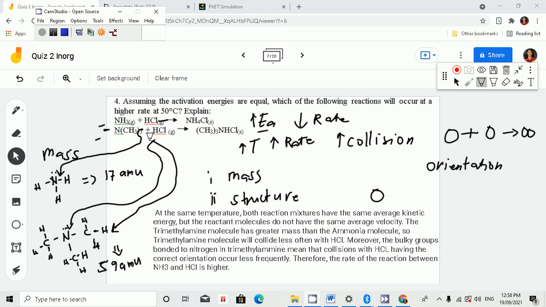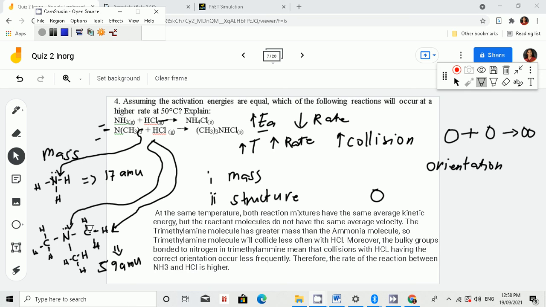Moreover, the bulky groups bonded to nitrogen in trimethylamine mean that collisions with HCl having the correct orientation occur less frequently, because for a collision to be successful it should be in the correct orientation.